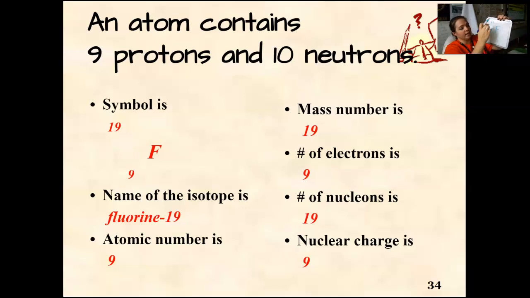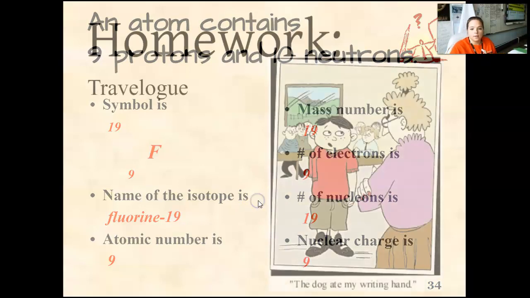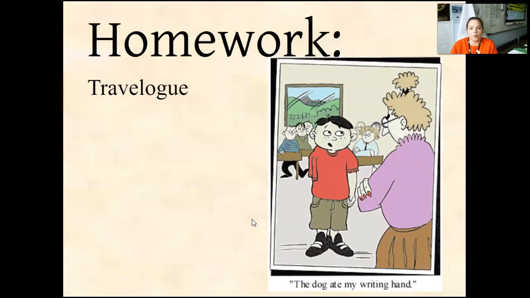So it's fluorine-19. 9 protons, 9 is the atomic number, 9 electrons, and we already know the neutrons. The nuclear charge is going to be 9. That is it. You're going to finish up the travelogue, and I hope you guys have a great day.